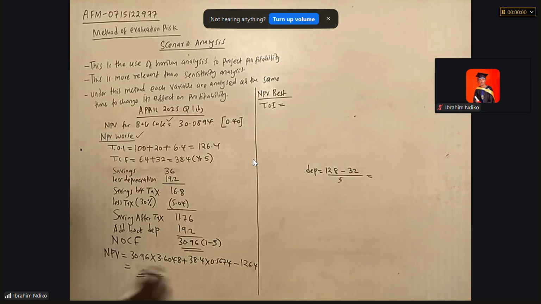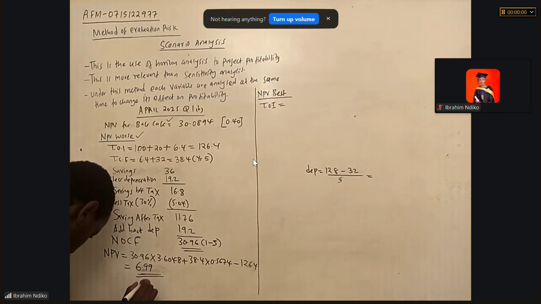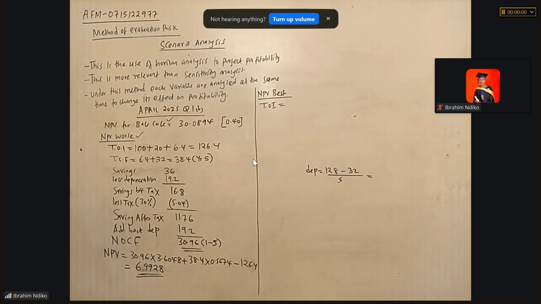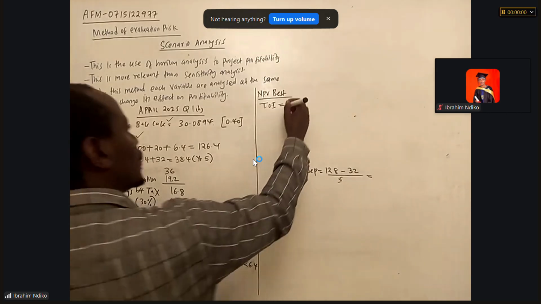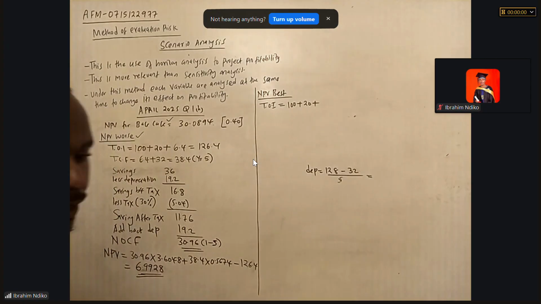Ndio. Inakuwa 6.9928. Uko sawa? So hapa itakuwa ni 100 plus 20 plus what is the working capital for the best? For the best, the net operating working capital is 9.6. Tuendelee.